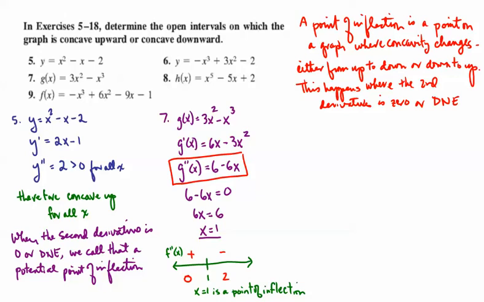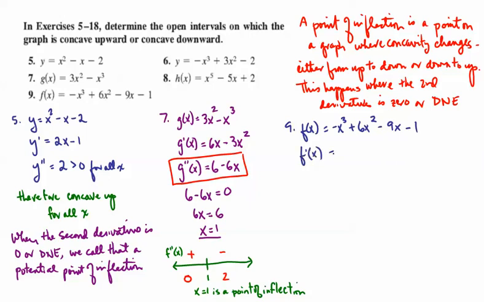Now we'll do problem number 9 here. We start with the function f of x is equal to negative x to the third plus 6x squared minus 9x minus 1.